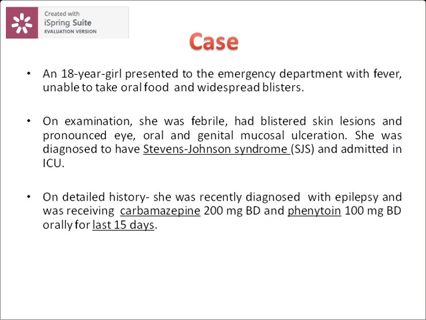So here, Stevens-Johnson syndrome is an allergic reaction, a bizarre type of reaction. The time relationship suggests both carbamazepine and phenytoin were taken within the lag period for the development of Stevens-Johnson syndrome. As it is a bizarre type of reaction, we cannot differentiate whether it is due to carbamazepine or phenytoin.